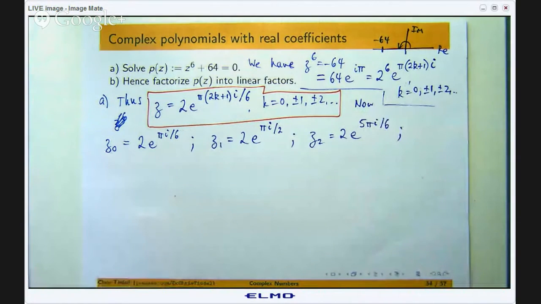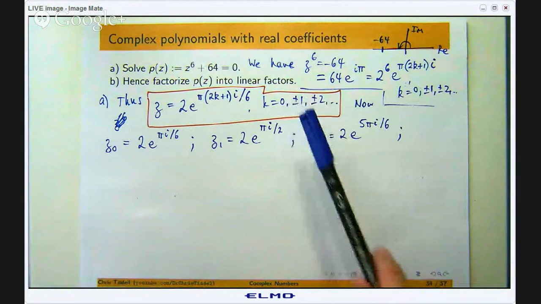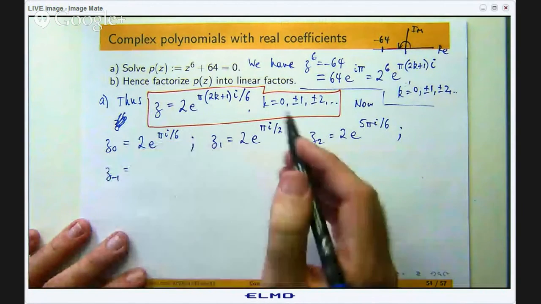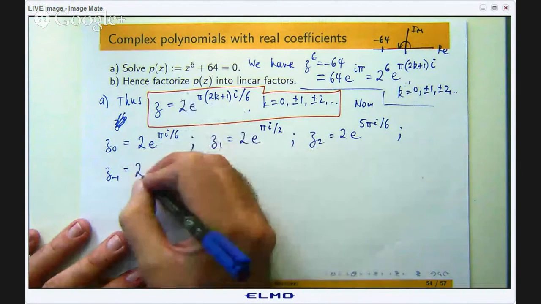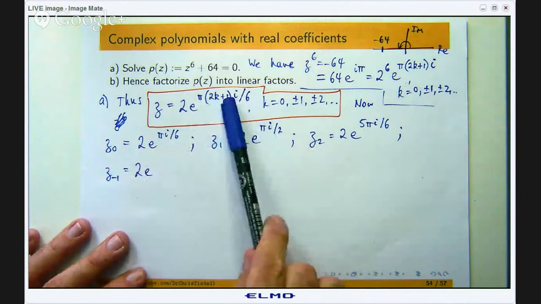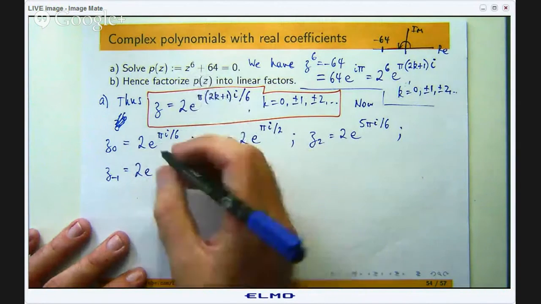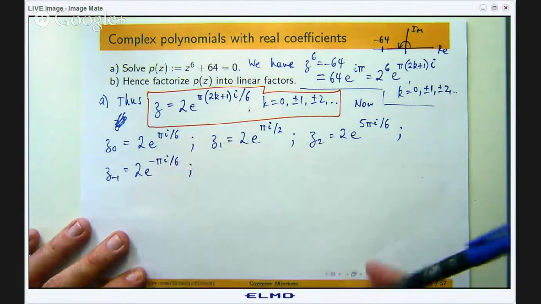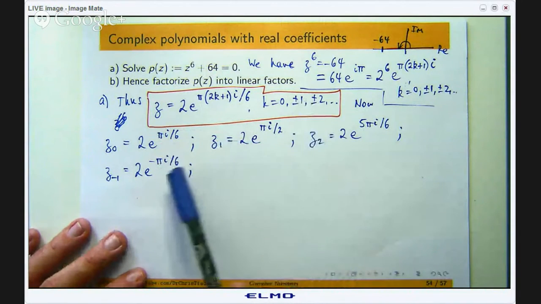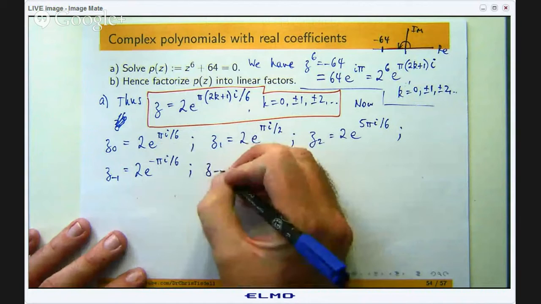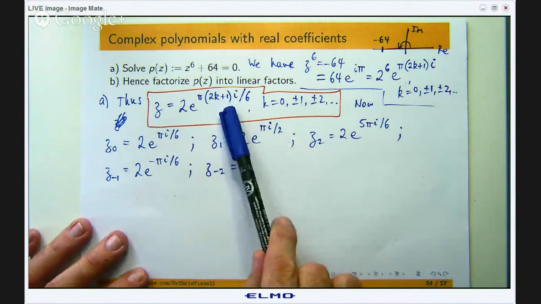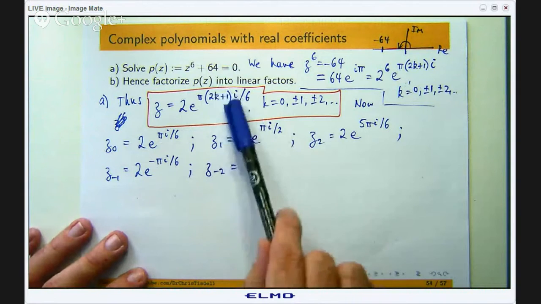Okay, now let's choose another simple value of k, say k equals negative 1. So I'm going to get negative 1 in here. Okay, let's try k equals negative 2. So up here I'm going to get negative 3 in there.